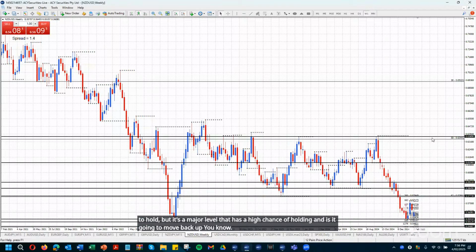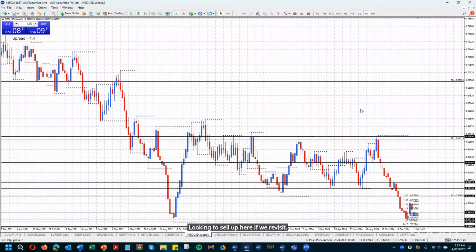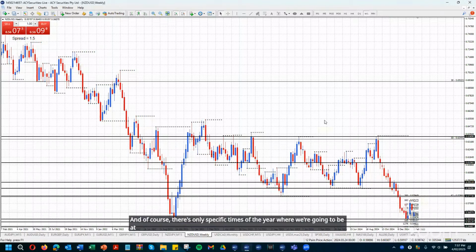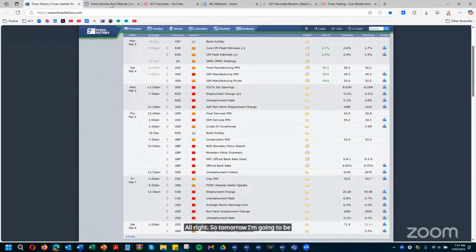So at some point in the year, I may be looking to sell up here if we revisit. Okay. So way ahead of time, I know where the key levels are that the market can react at. And of course, there's only specific times of the year where we're going to be at those levels to trade at. All right, so tomorrow I'm going to be going through the head and shoulder pattern.